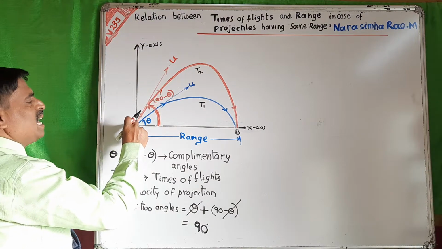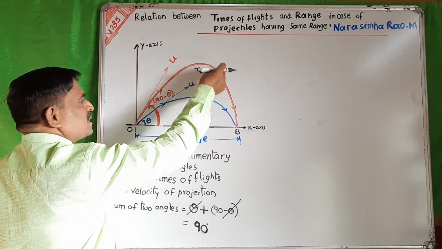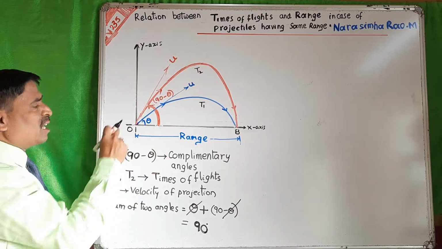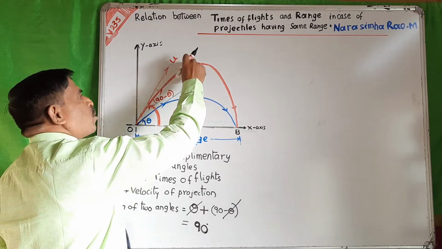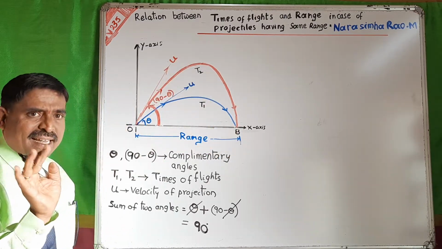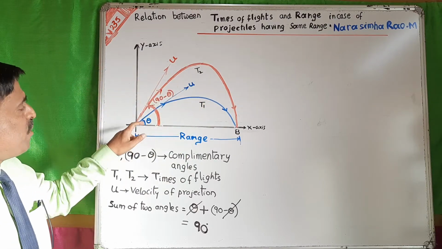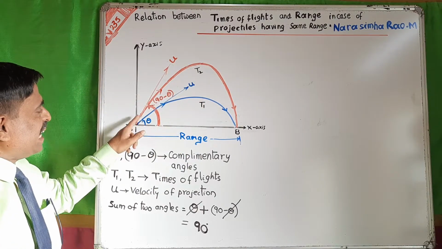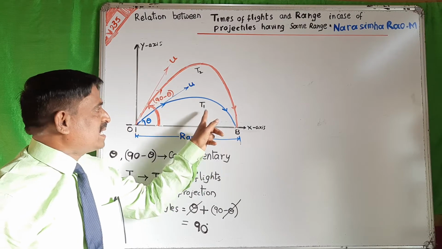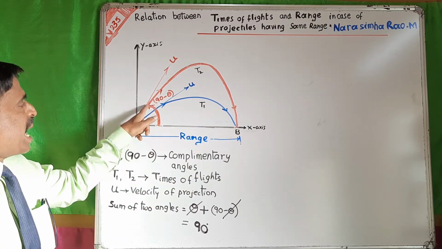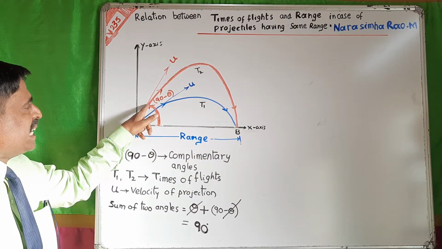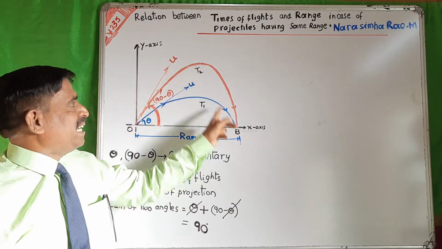Flight means the time of ascent plus time of descent, the total time in which the projectile is in air. This total time you are calling time of flight. First time, angle of projection theta, time of flight is t1. Second time, angle of projection 90 minus theta, time of flight is t2.